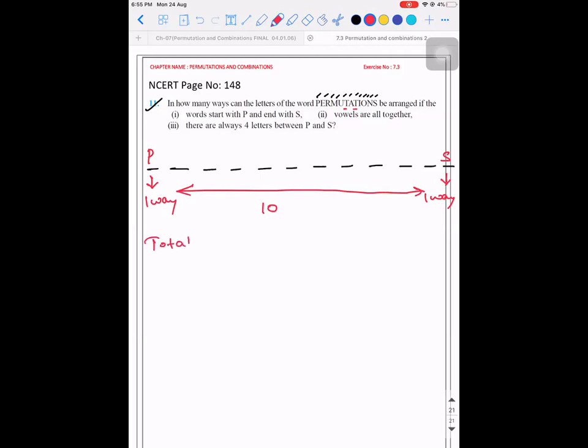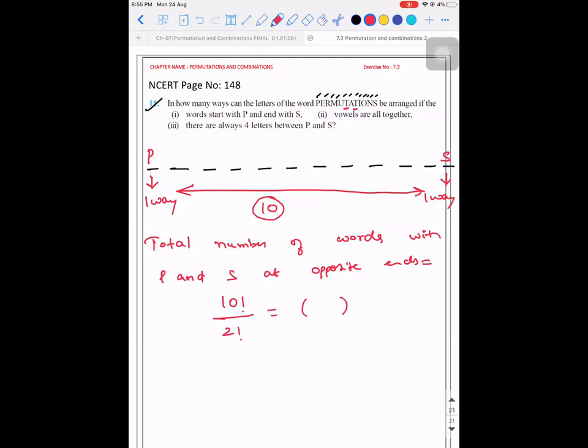So the total number of words with P and S at opposite ends is: the 10 letters among themselves can be arranged in 10 factorial ways, divided by 2 factorial, because T is getting repeated twice. That will give you the answer.